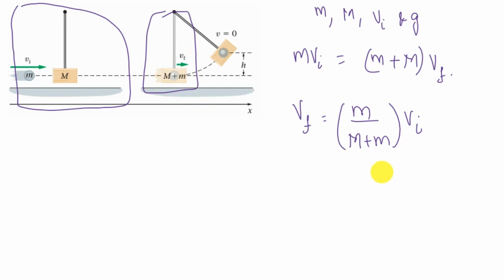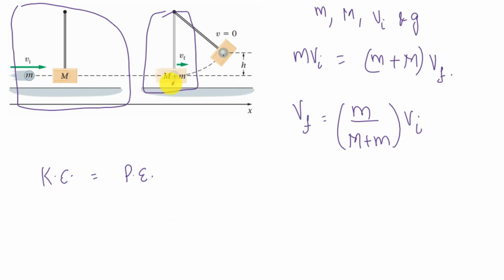The velocity is along the positive x. Now from this point to this point, the kinetic energy is converted into potential energy, so we can use the conservation of mechanical energy.